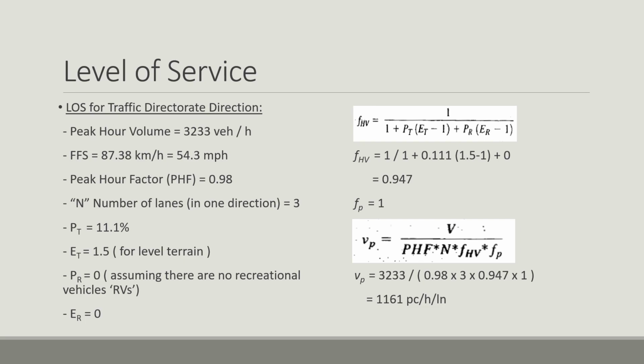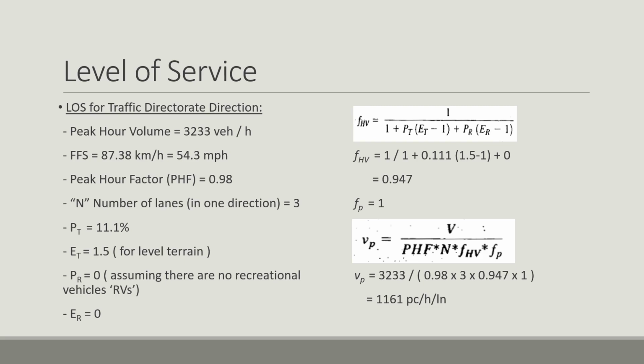From the previous slides, we got the peak hour volume, and it was 3233 vehicles per hour, and the free flow speed is 87.38 km per hour or 54.3 miles per hour. The peak hour factor is 0.98 and the number of lanes is 3 in each direction.